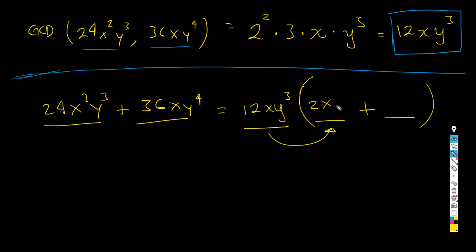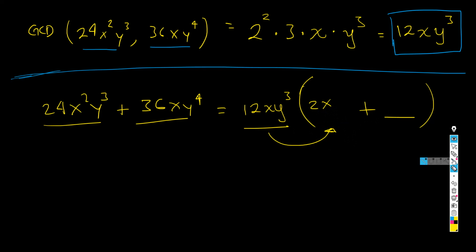If I put a y with any other exponent, for example y to the 2, it's not going to work, because y to the cube times y squared is going to be y to the 5, which is not this. So in this one, I don't even need the y, because I already have the y to the cube in here. So it's 2x.